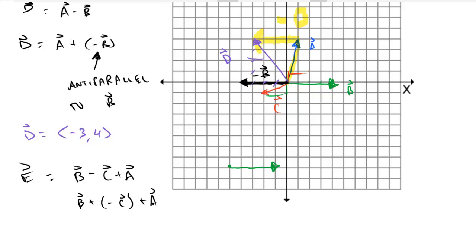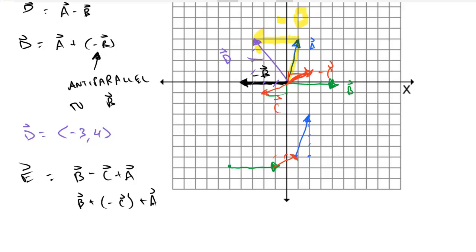So this is vector negative C. So then moving along vector negative C, up 1 to the right 2. And then adding in a positive vector A, which was right 1 and up 1, 2, 3, 4. And we have, this is vector A added on.